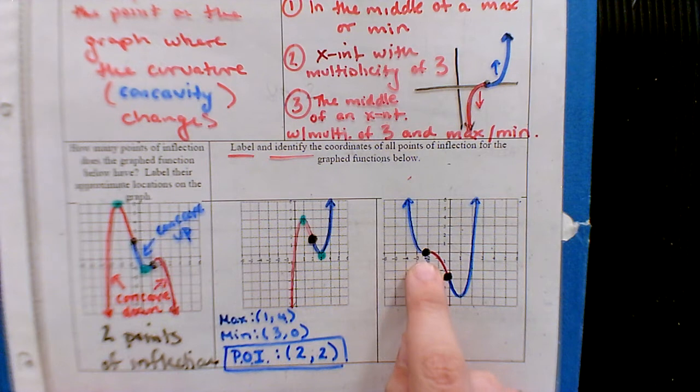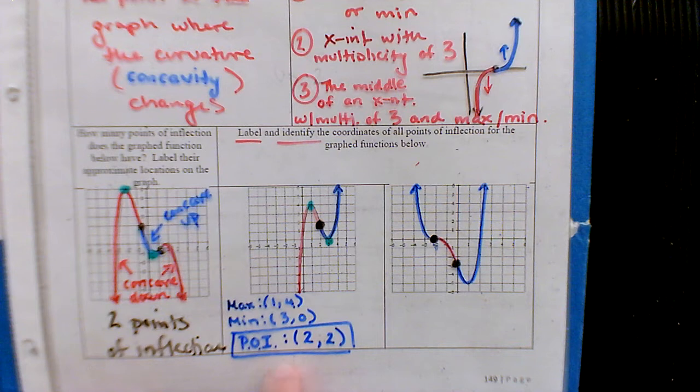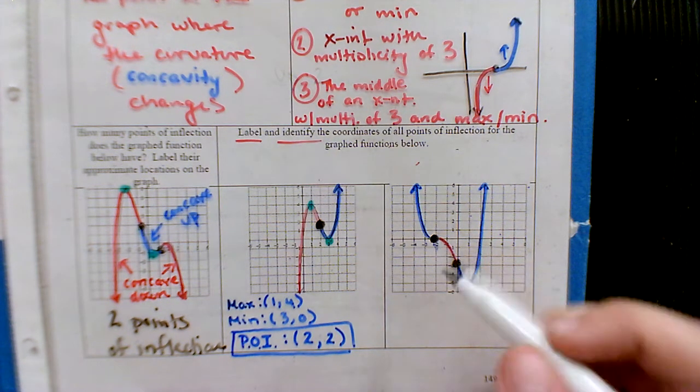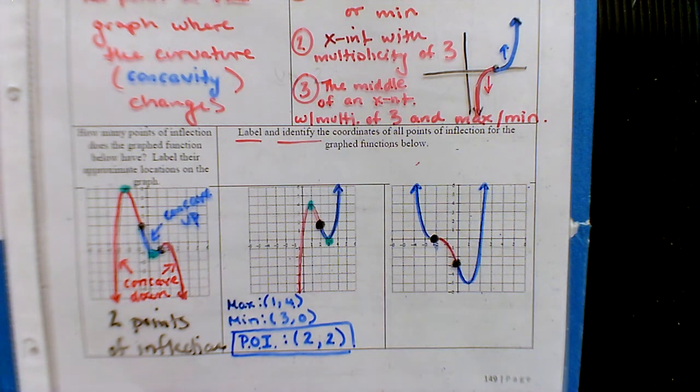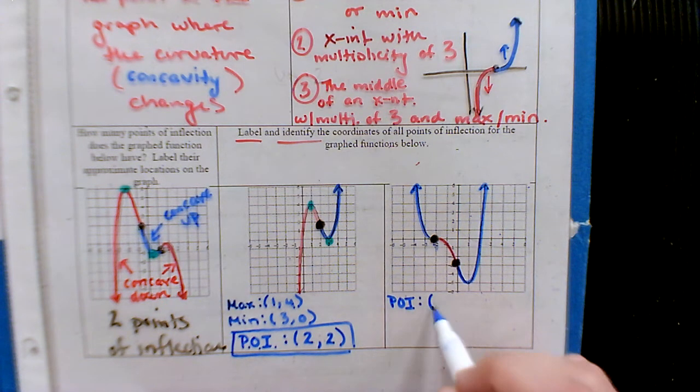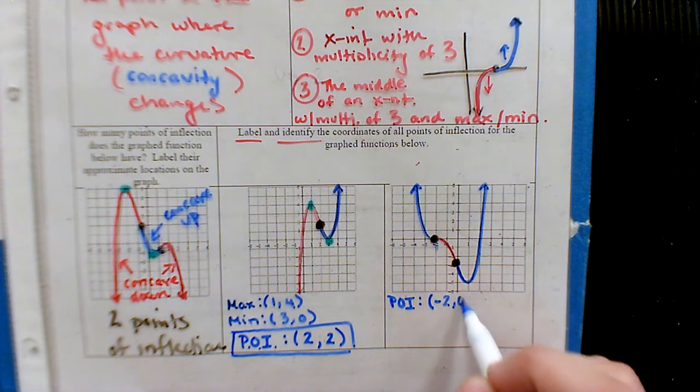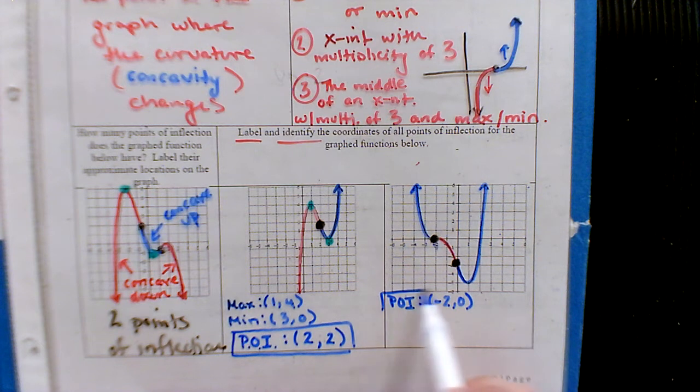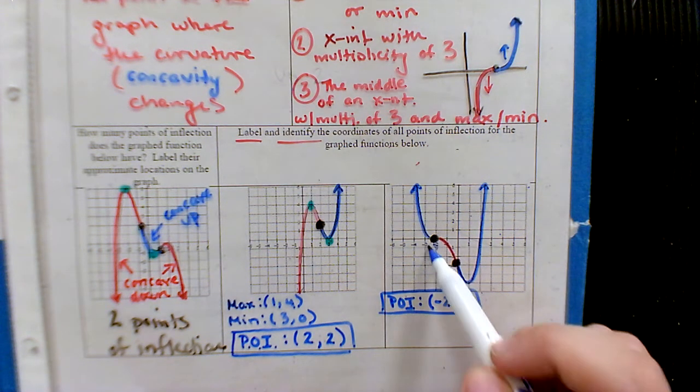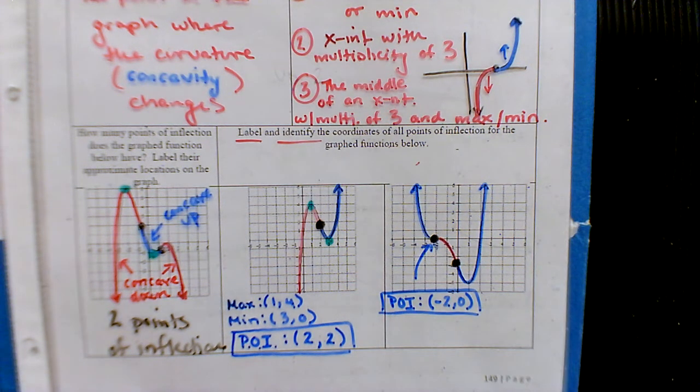So what we just have to do is identify what that x-intercept is, and that's our point of inflection. We don't really have any calculation to do like we did in the last one. It's just simply the x-intercept itself. So we'll label this first point of inflection, or POI, as (-2, 0). Right, so that's that one.